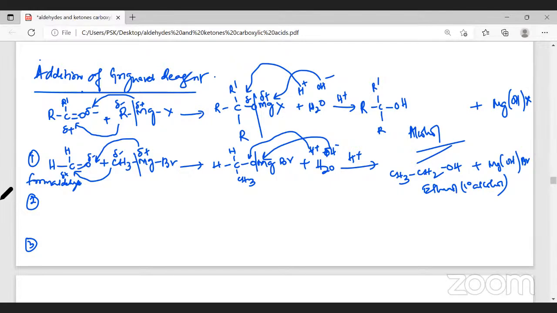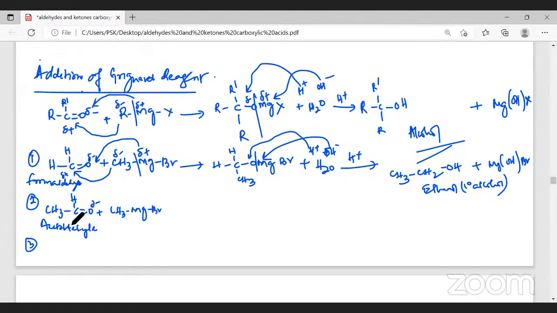Now, the second one, we will take acetaldehyde, CH3CH double bond O. When it's allowed to react with methyl magnesium bromide, what happens?